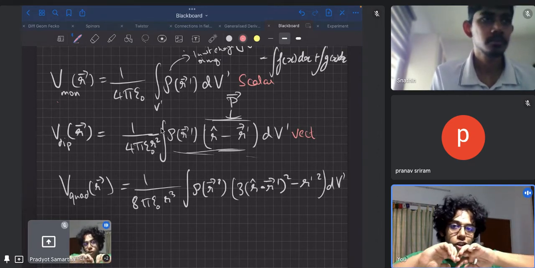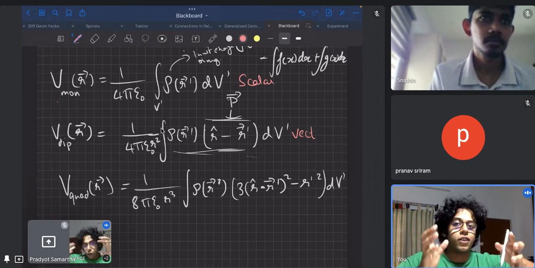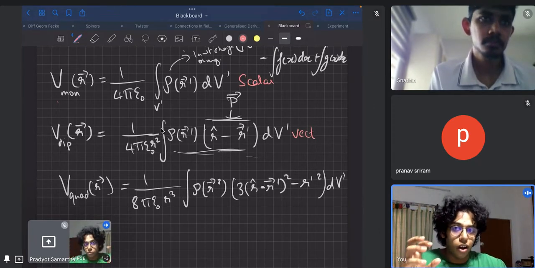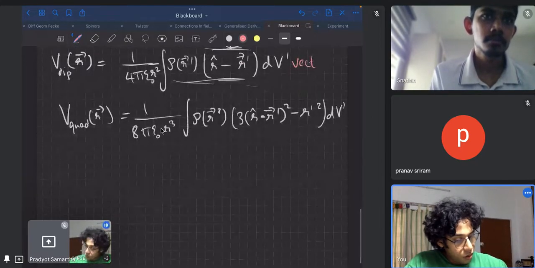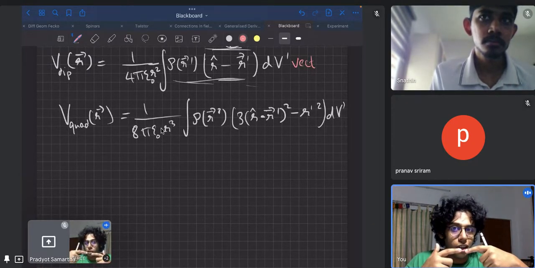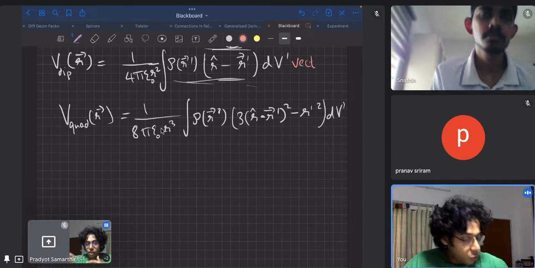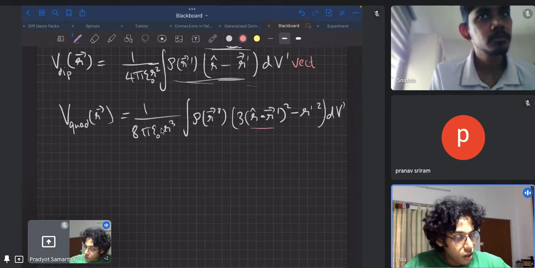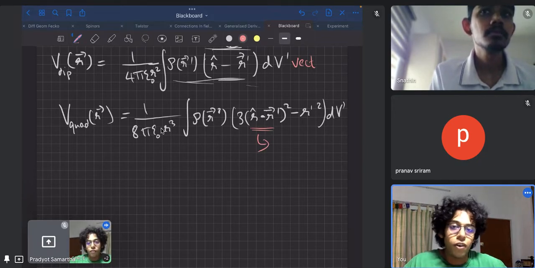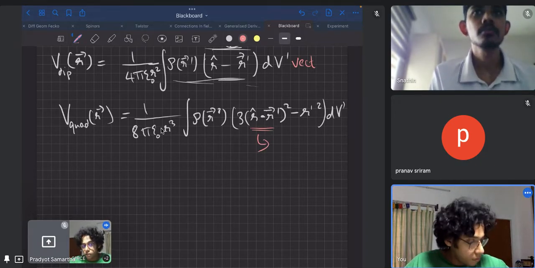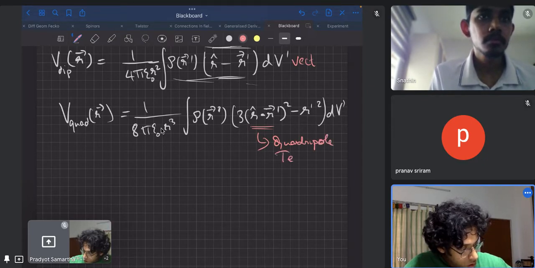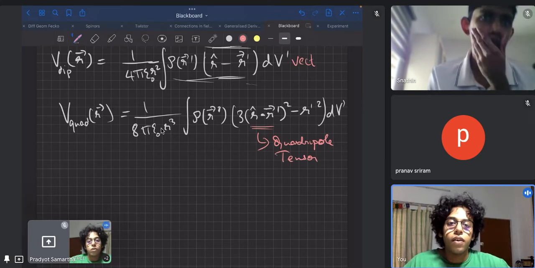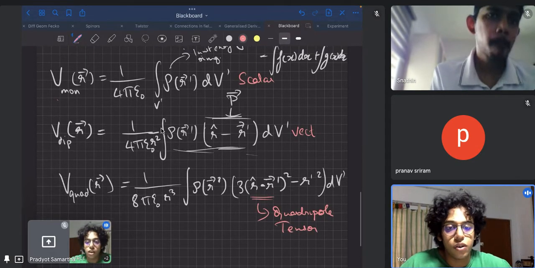Just imagine it getting distributed along the vectors, or whatever is the key term inside the integral in terms of r. Okay, so you have one vector here, which is a dipole moment, represented by a vector. Then you have an r square term, which means you have a bivector or a quadrupole tensor. So you have a scalar, then you have a vector, and you have a quadrupole tensor.